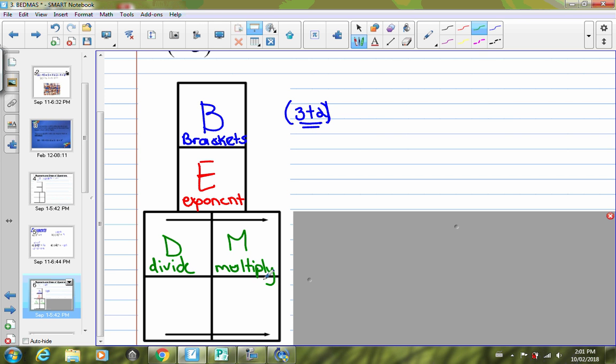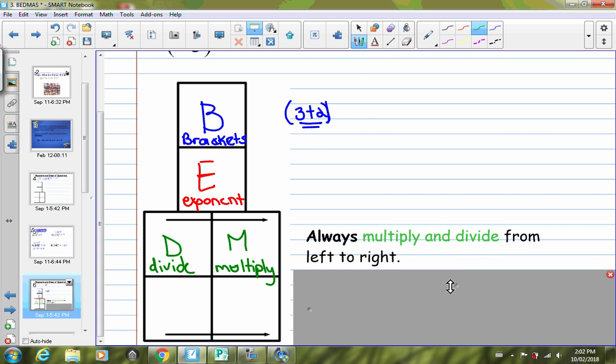So what that means, and why it has an arrow, why it's beside each other, is if all you have left is division and multiplication in your equation, nothing else, you're going to copy this out: always multiply and divide from left to right. You do not have to divide before you do multiplication first, it just goes from left to right. So I'll give you a second to copy that down.